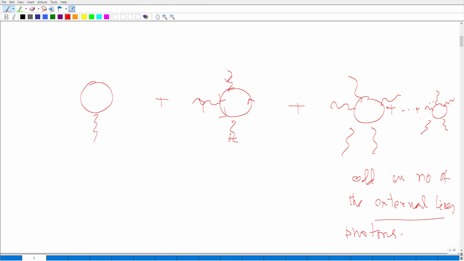The last diagram that I have drawn over here is an n-point function. That means there are n number of external lines attached to the loop that I have drawn.